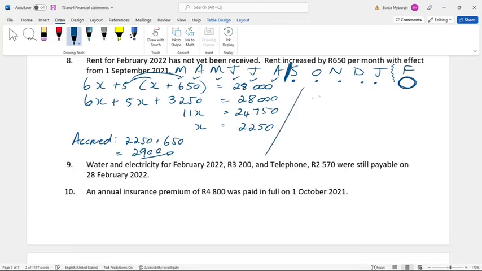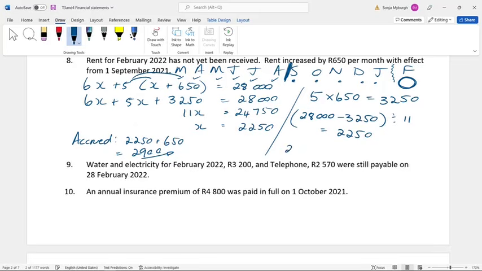Or you can take the 28,000. You can say that for 5 months we've received 650 more per month. So in total we've received 3,250 extra. So let's subtract that 3,250 from the 28,000 that we've received, and then we can just divide it by 11 to get the original amount, how much it was supposed to be.